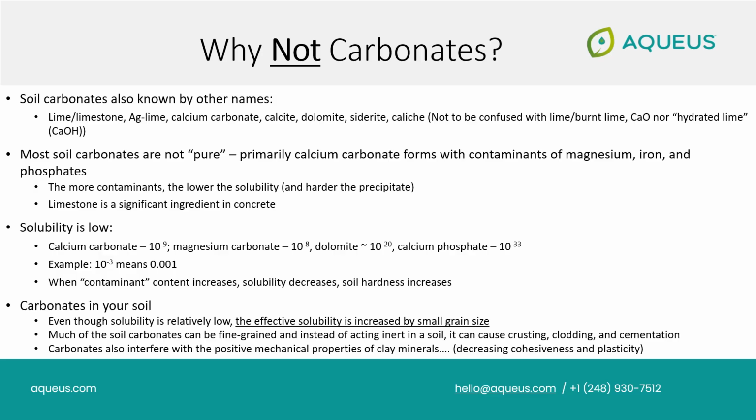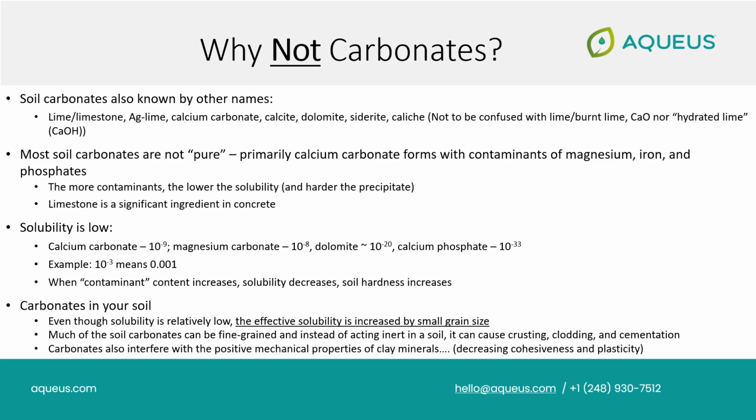They co-precipitate with carbonates and lower the solubility of the resultant intergrade mineral, and it becomes harder. Limestone is used as a significant ingredient in concrete, so it will harden up and become cementatious. That happens in soils and creates cemented layers, and that becomes a problem.